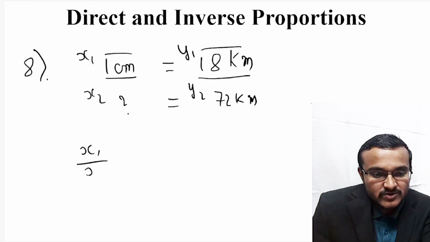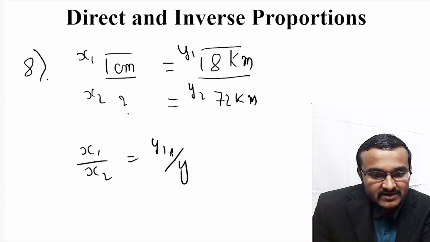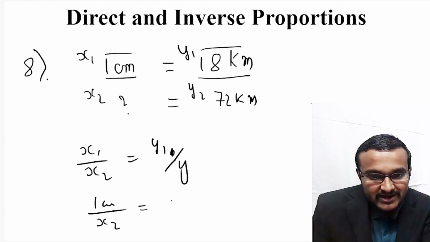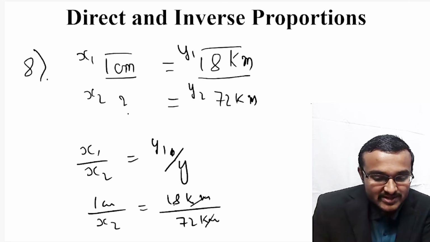Now x1 by x2 is equal to y1 by y2. So here x1 is 1 centimeter, x2 we don't know. y1 is 18 kilometer, y2 is 72 kilometer. Here kilometer cancels, 18 ones are 18, fours are 72. Now you can cross multiply: 4 into 1 centimeter, x2 into 1.